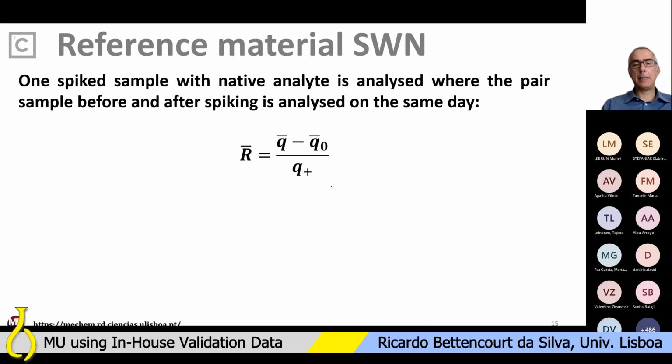Okay, in that case, what we have is a mean recovery, that is the mean of the measured value after spiking minus the mean of the measured value before the spiking, divided by the added analyte, the spiked analyte.